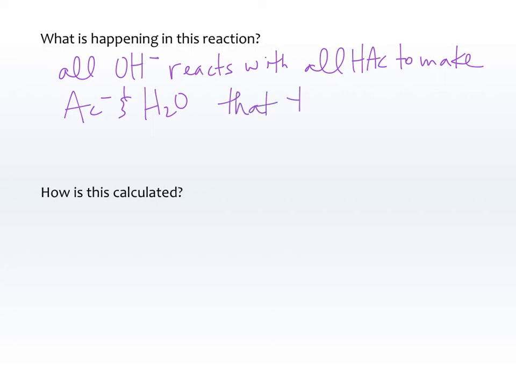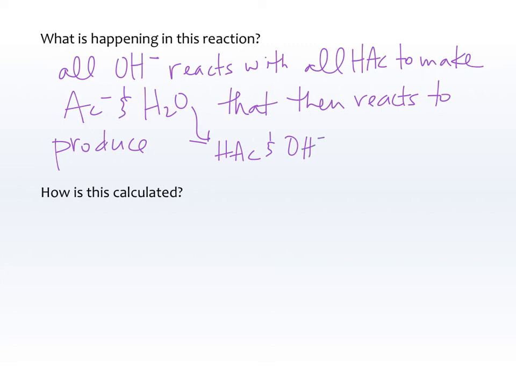That then reacts with water, in other words, that makes HAc and OH minus. Okay, so how is this calculated? We need to use the Kb of the conjugate base, not the Ka of the weak acid.